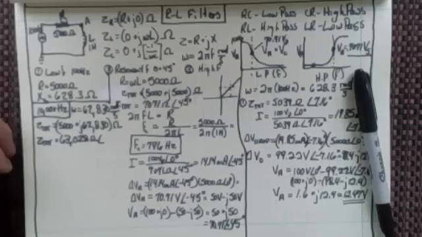62,830 divided by 5,000, and then take that quotient to the inverse tangent, and that gives me 85. Oh, wait a second. Yeah, I think it was 85 degrees. I'm going to have to do that again. 63,028 squared plus 5,000 squared.